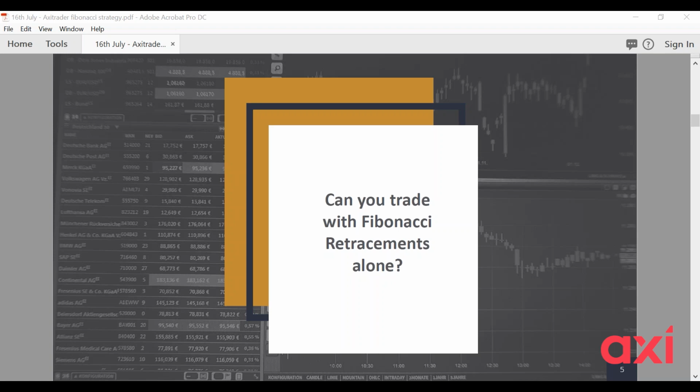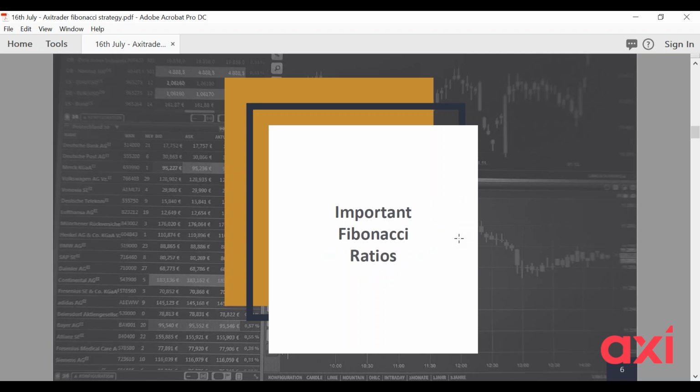So, a long answer to a short question: yes, you can trade with Fibonacci retracements alone, but you don't just use a single Fibonacci retracement number. You need to find multiple Fibonacci retracement numbers before you can find a high probability setup. So what are the important Fibonacci ratios?